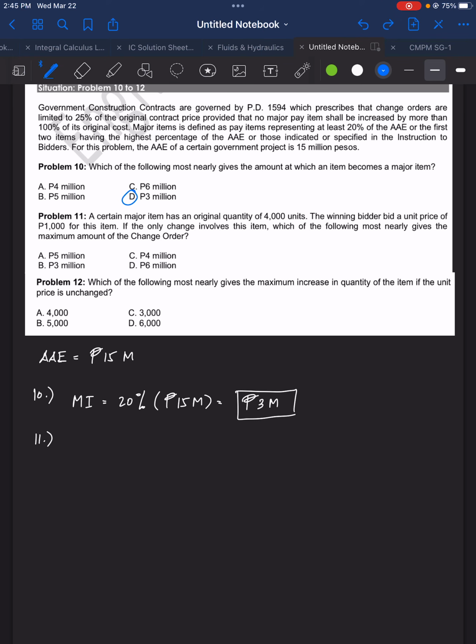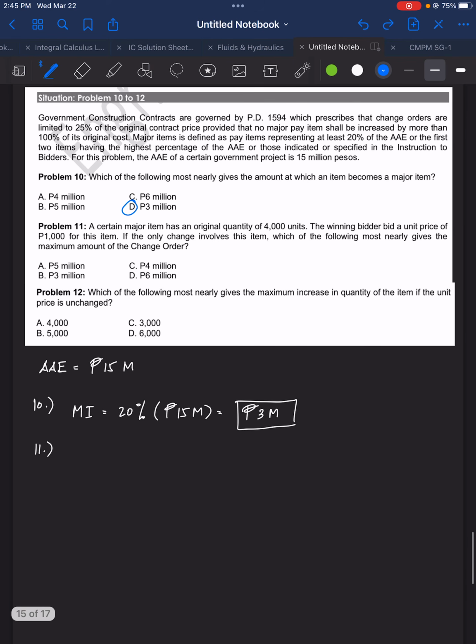So the maximum amount of the change order is defined here in the situation given a while ago. Okay. So PD 1594 prescribes that change orders are limited to 25% of the original contract price. Okay, so 25% of the original contract price.